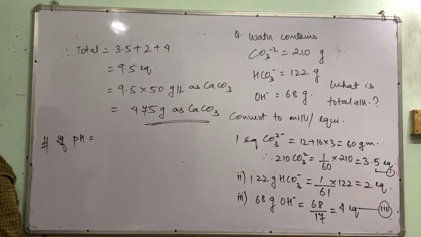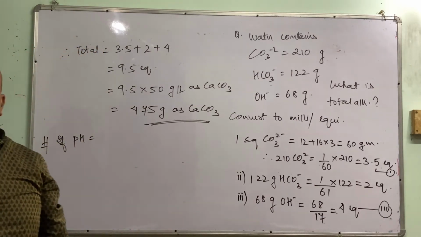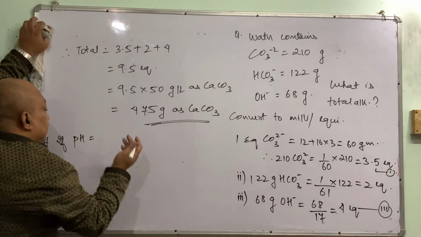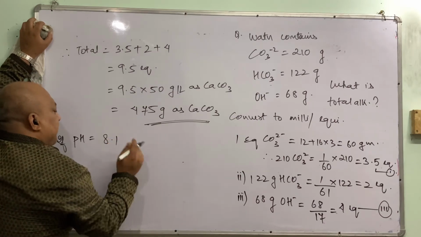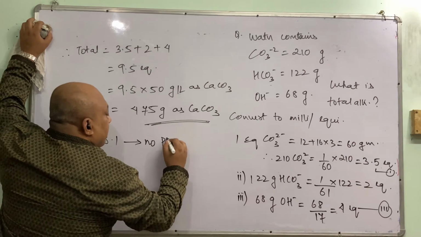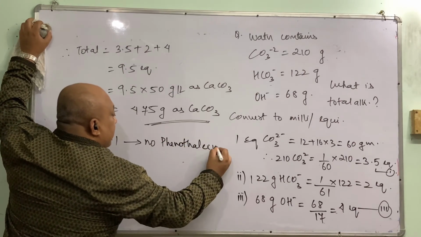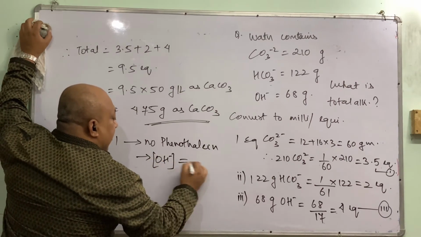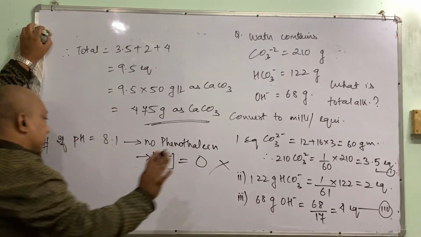Another one, to find OH: if you say phenolphthalein alkalinity is 0, that means hydroxide will be 0, but hydroxide cannot really be 0. I'm giving you an example. If pH is below 8.3, say pH is equal to 8.1, there is no phenolphthalein alkalinity. That means OH, I told you, is 0, but actually this is also not correct, it is insignificant.